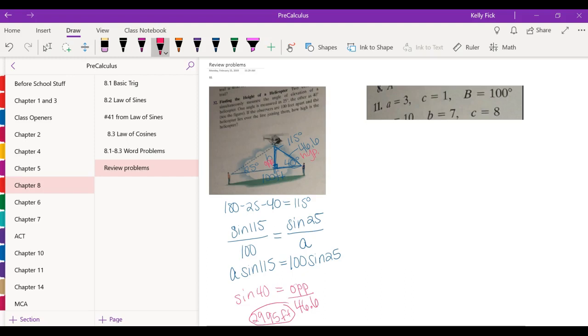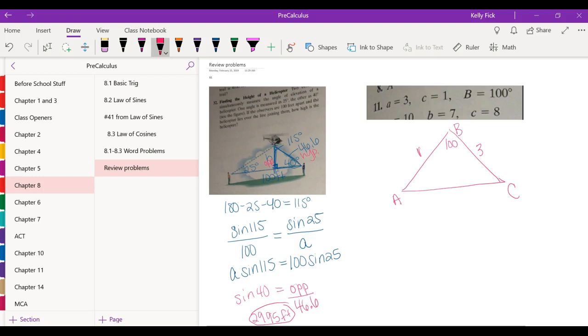Okay? So 11, it says A is 3, C is 1, B is 100. So I'm going to draw this picture. I have big A, which across from big A is 3. Big C, which across from big C is 1. And then big B is 100. Okay? So what we're going to do is we would do law of cosines here.